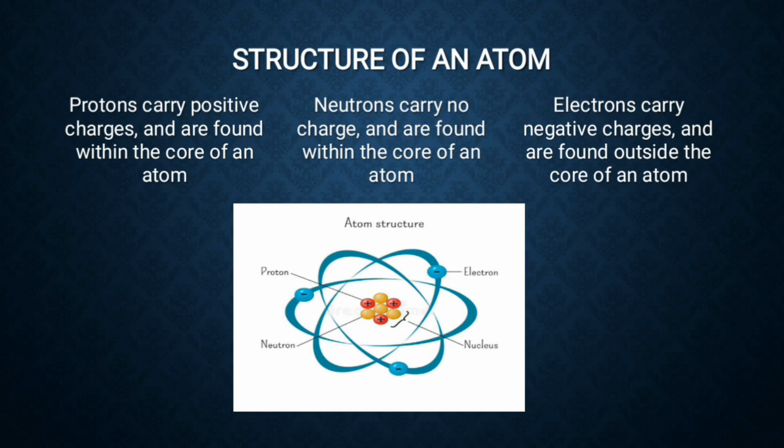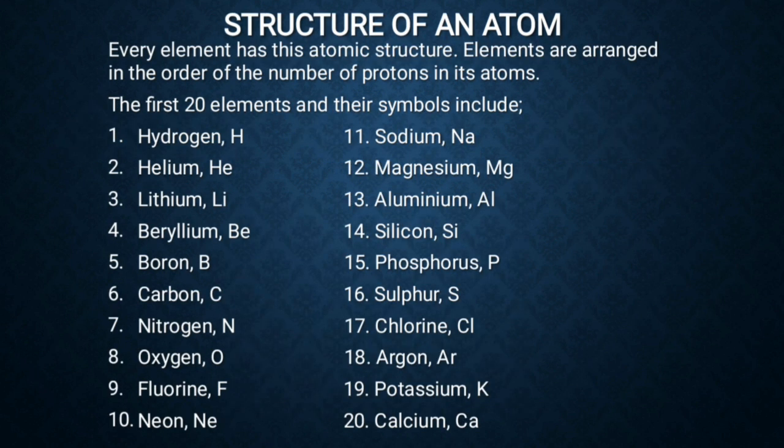Don't forget I mentioned that all elements have their atoms. Each element has its own atom, and each atom in an element has that atomic structure. Elements are arranged in the order of the number of protons in their atoms.